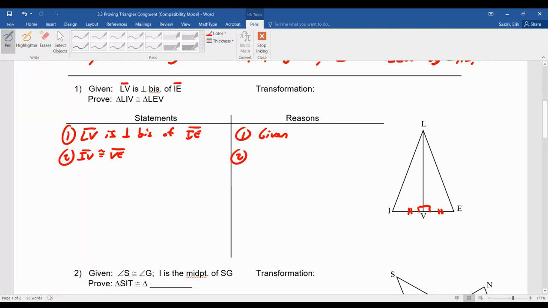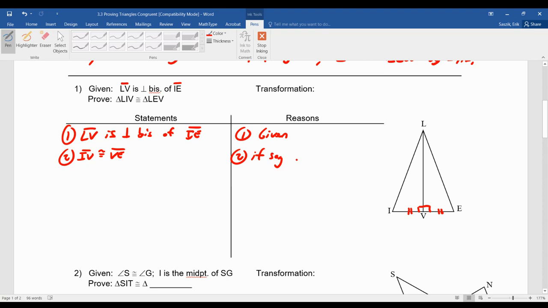And if you look, why is IV congruent to VE? Take a look at your gold sheet and go down to number 5, okay? 5B. And you're not going to write 5B here, you're going to write it out. It says if a line divides a segment into two, actually, sorry, 5A. If a line bisects a segment, it divides a segment into two congruent segments, okay? Now I know it says a line, but a segment will work as well. And you can abbreviate a lot of this stuff, okay?